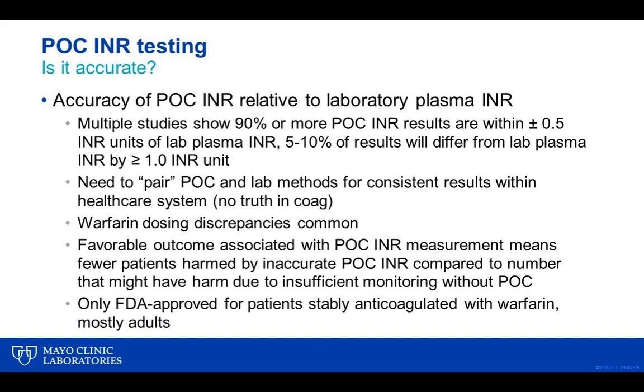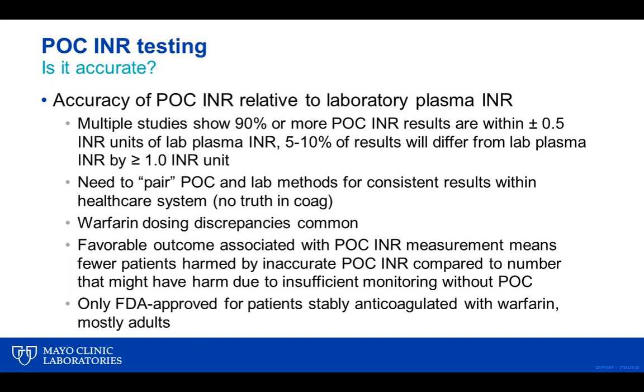But essentially what's happened with point-of-care INR is that the favorable outcomes associated with the immediate education and dosing adjustments do less harm than the inaccurate measurements due to trying to reproduce this complicated optical clotting on a strip. So overall the outcomes are favorable, but we do need to keep in mind there will be discrepancies between capillary and venous or reference INR.